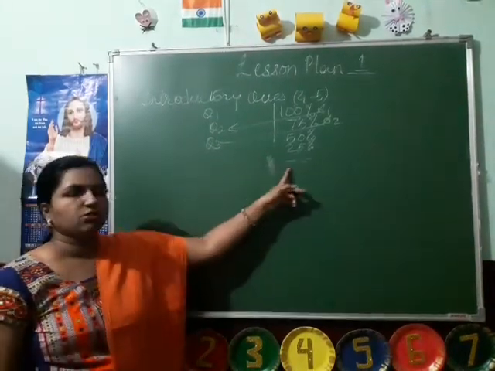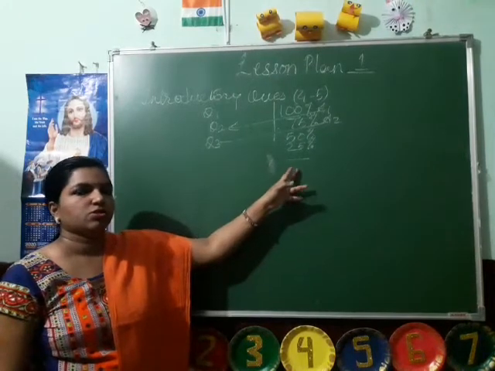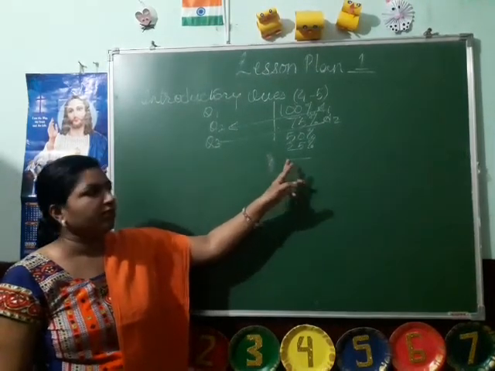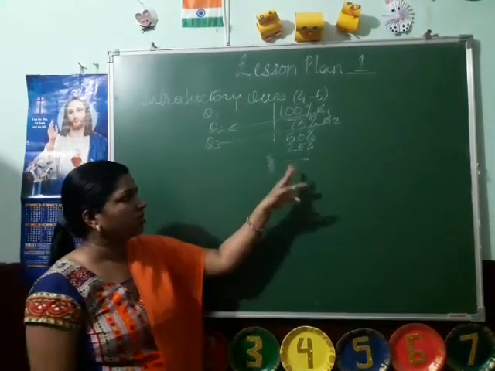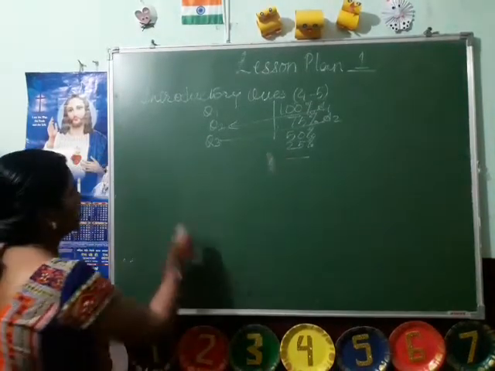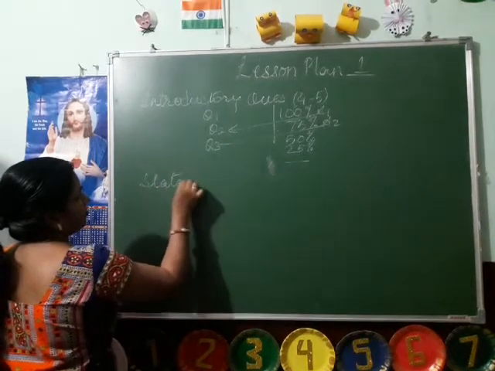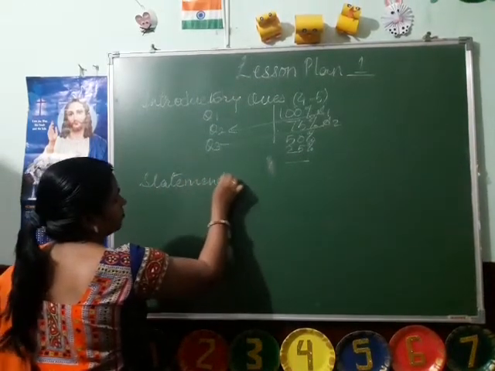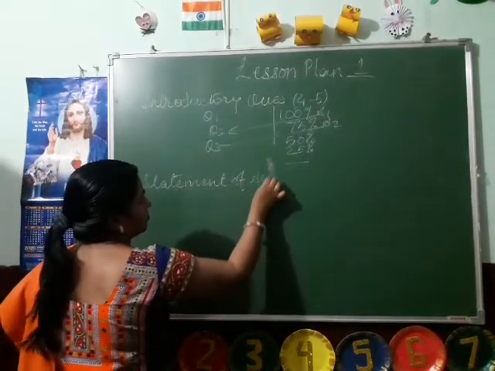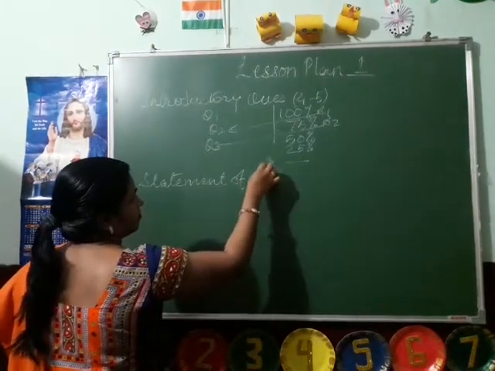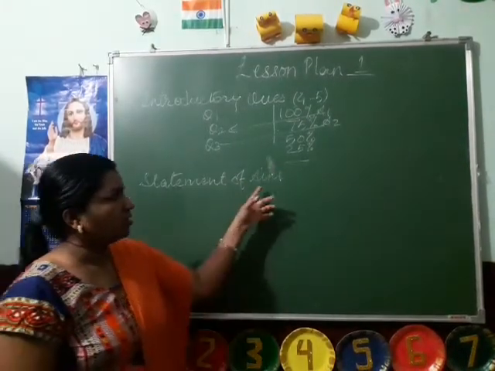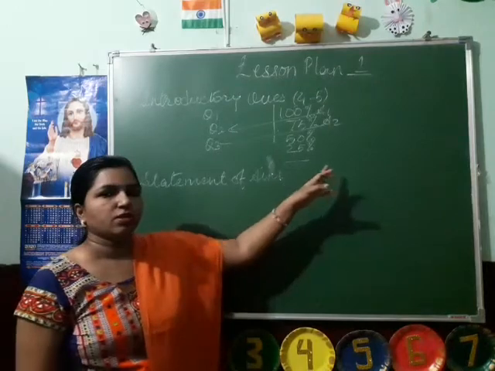The last question should be very difficult. The students should not be able to answer. When the students are not able to answer, at that time you have the statement of your aim, that is, what are we going to learn today?